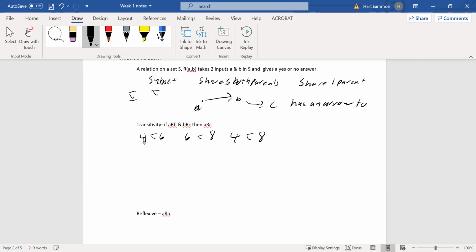Another example is shares both parents. Me and my brother Declan both share parents, so we relate to each other in that way.